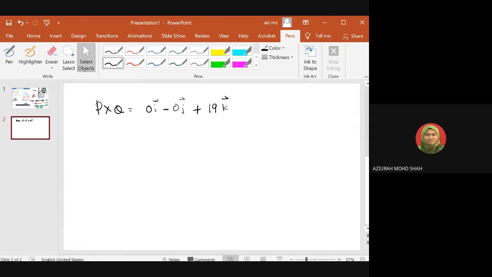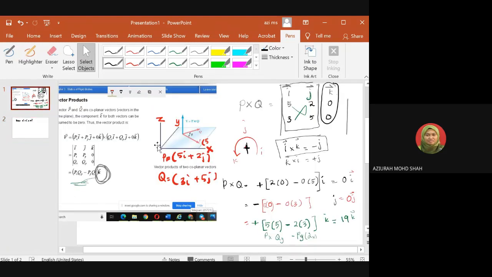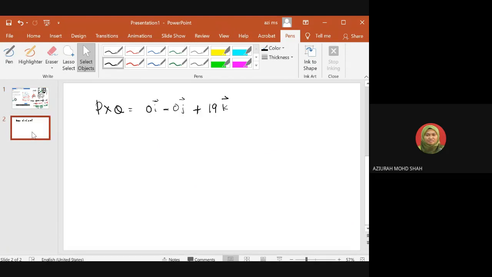The next one we learned in vectors, or cross product, that we can use the right hand rule to determine the direction of the vector product, or the cross product result. Like earlier, we found the direction of V, which is V as the cross product of P and Q. It can be determined using the right hand rule where your thumb shows the direction of the vector product, whether upward or downward. That is what you must know for today, and also the new thing we just looked at. So there are 5 things you learned today.